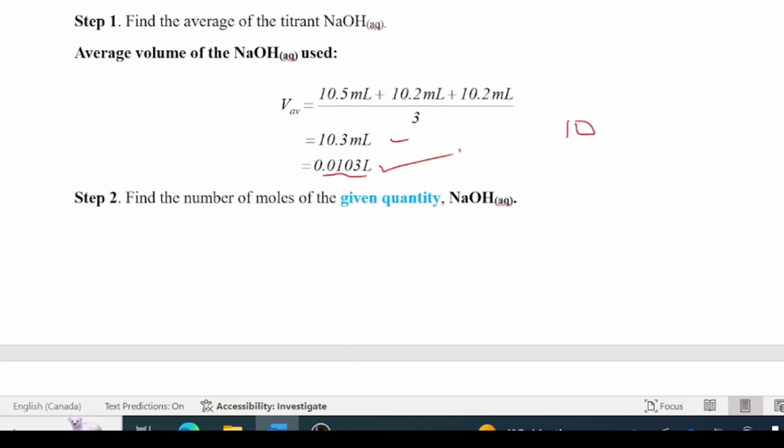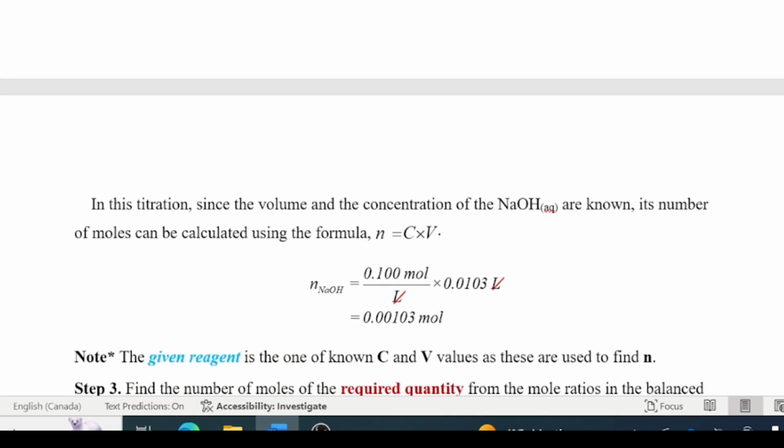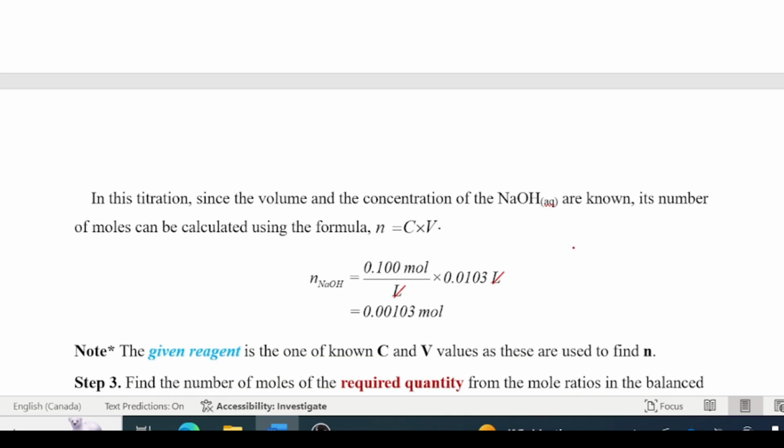Okay, let's see how you calculate the concentration of that acid. We know the concentration of your sodium hydroxide, and we know the average volume that was used. So the number of moles in one titration, so we did the average of all of them, is that number of moles of sodium hydroxide.